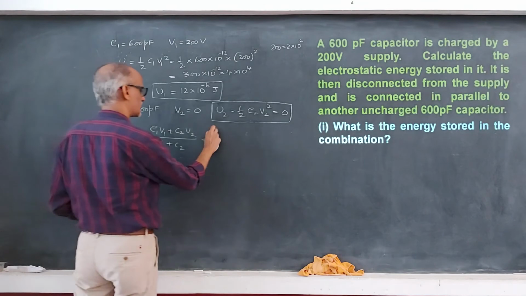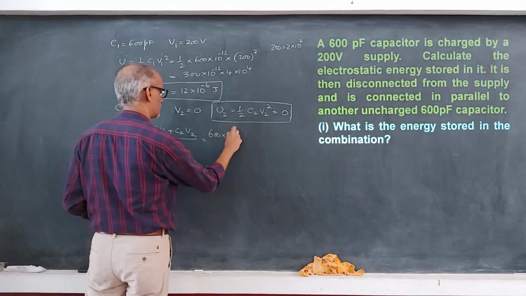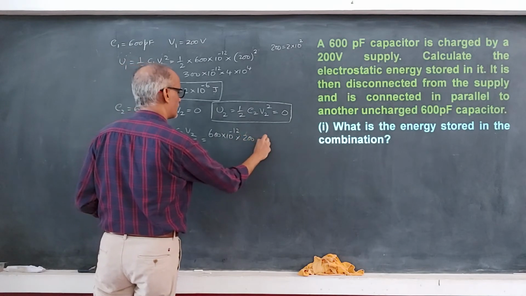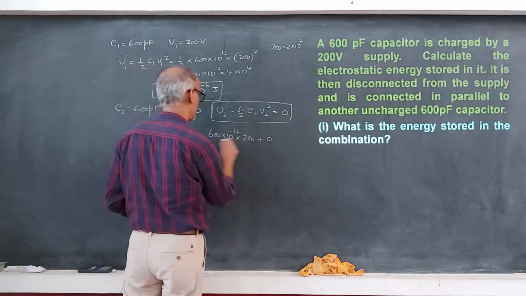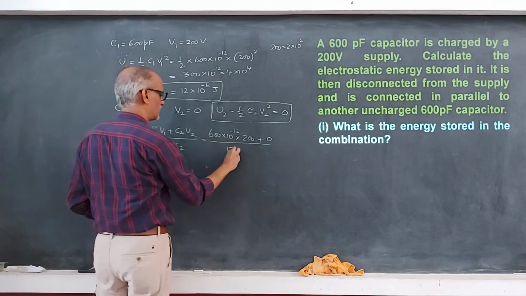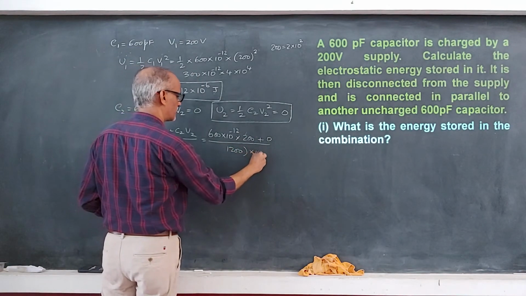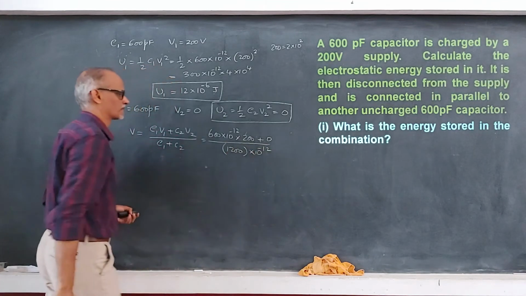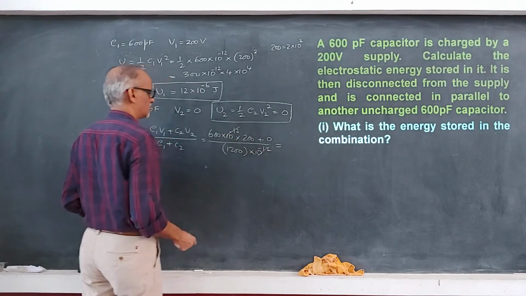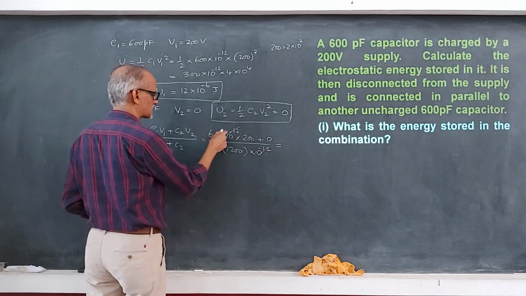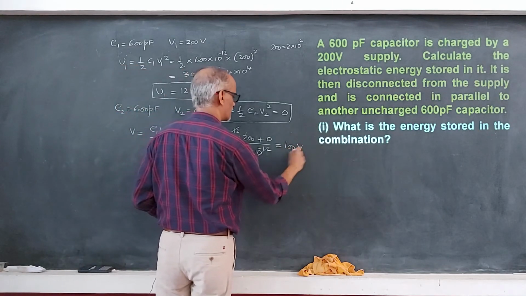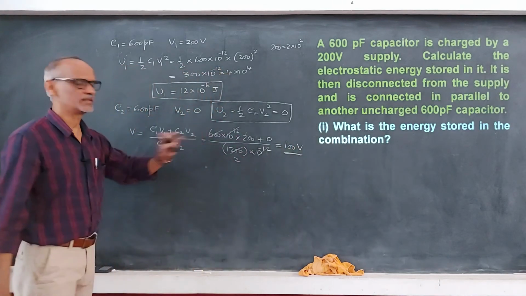C1 is 600 pico, 10 to the power minus 12, into V1 which is 200, plus V2 which is 0, divided by C1 plus C2, 600 plus 600, 1200 into 10 to the power minus 12. So this will get cancelled, this 600 here, this is twice 200 by 2, which is nothing but 100 volt. So this is the common potential now.